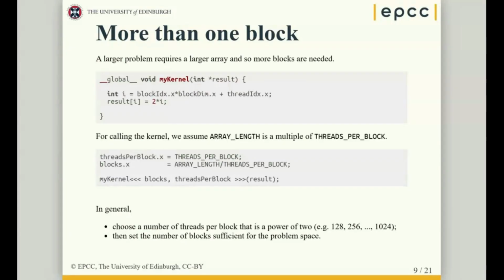So if we are using a block size of 512, and we have a problem of 3,000 elements, I will need 6 blocks. So the way of guessing how many blocks I need is dividing the array length by the threads per block.